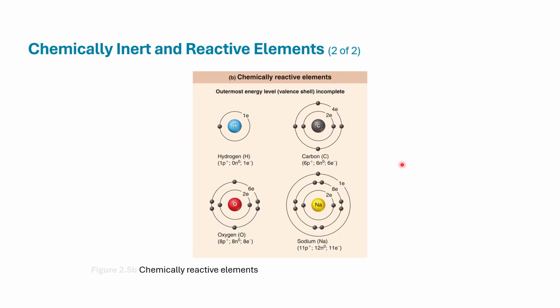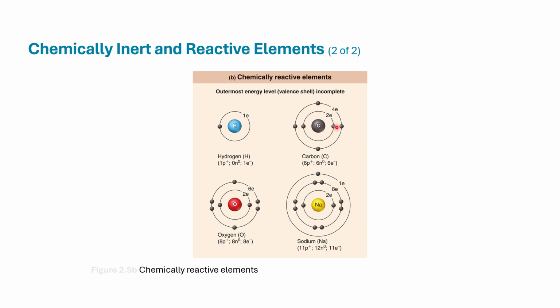These elements are reactive elements. So that means they're not stable. Their outermost energy level, valence shell, is incomplete. For instance, hydrogen. It has the electron shell and it only has 1 electron. So it's going to be running all over the place trying to either grab another electron off someone or share its electron with someone to become stable.